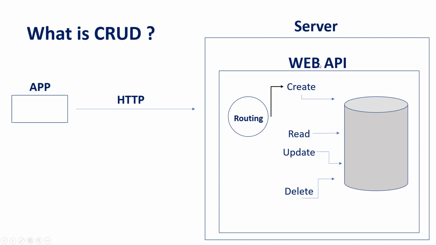My web API would be hosted inside the server. So, based on my request, the routing should send my request to one of these 4 commands. Let's say command, method, something. I might need to create or read or update or delete, record something against the database, for example.